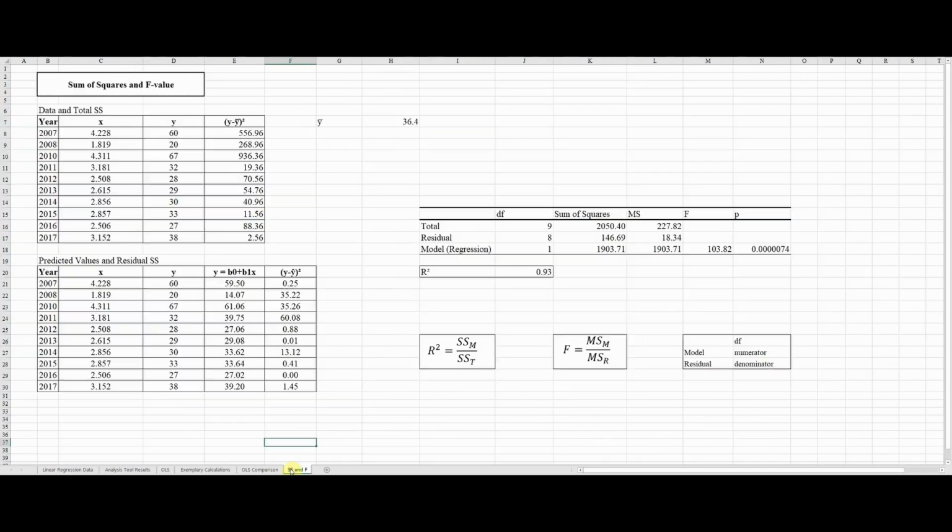And now the final step, it's not the complete final step, but for the overall model, you will look at the sum of squares and the F value, to see if your model is actually a good model. So let's start with the sum of squares. First, you have to calculate the total sum of squares.